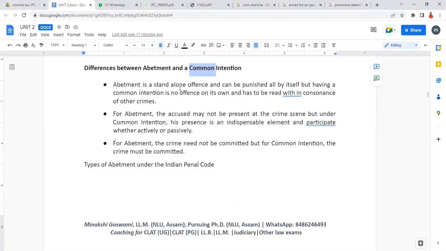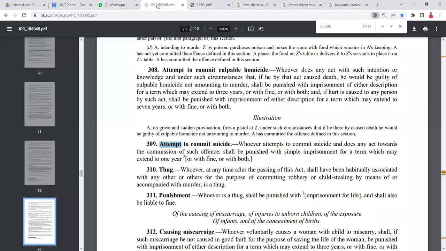Abetment is a stand-alone offense and can be punished all by itself. But having a common intention is no offense on its own and has to be read in consonance with other crimes. So when we talk about common intention, it would come along with other crimes.